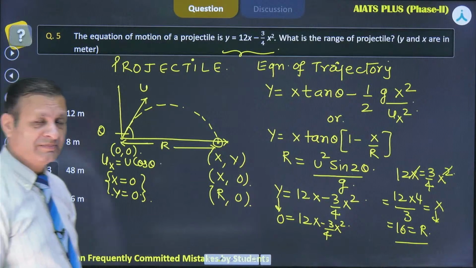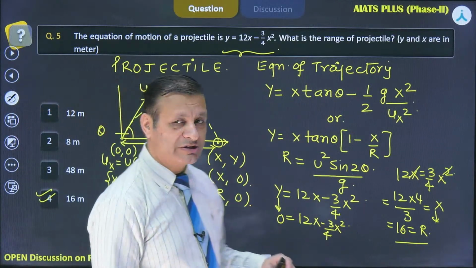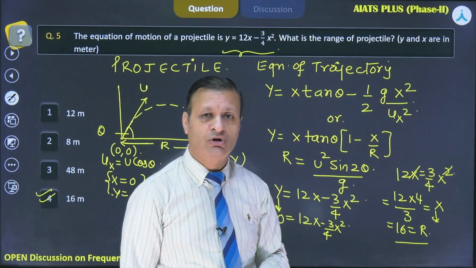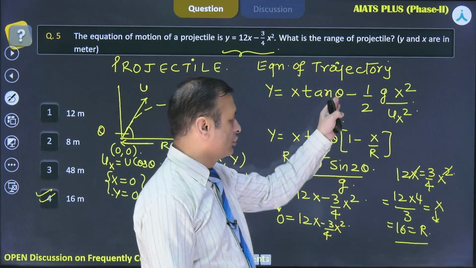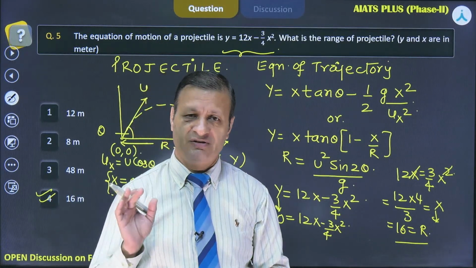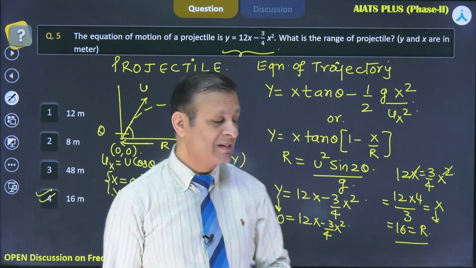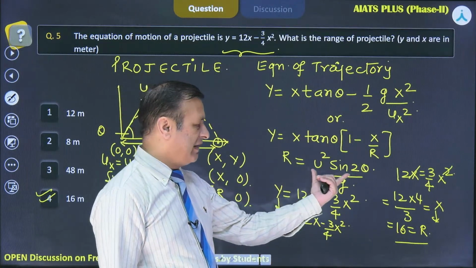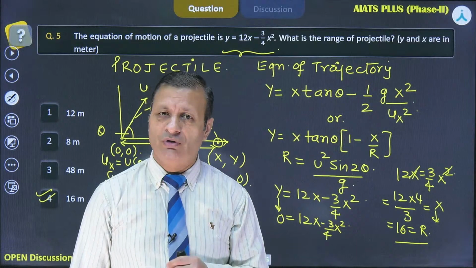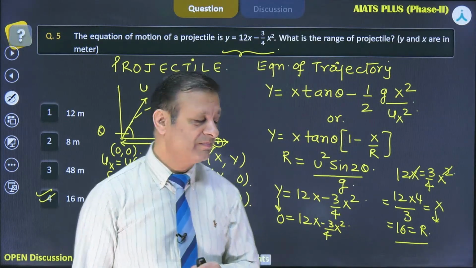Do we understand? So look at this concept. What we have understood in this situational numerical is the equation of trajectory for this projectile. We have added the range formula for your better understanding.